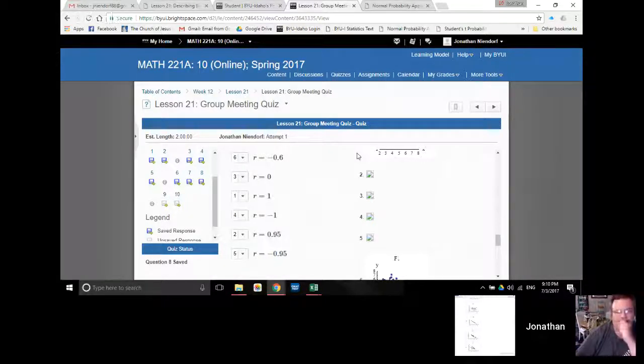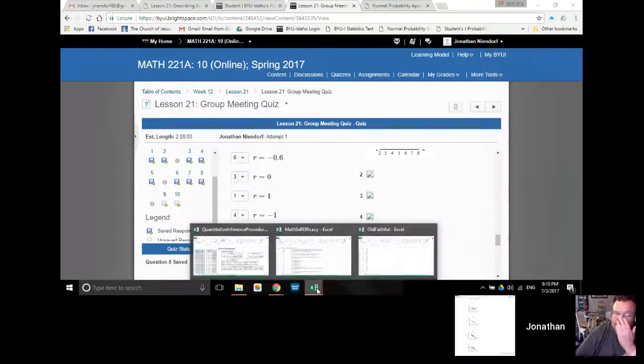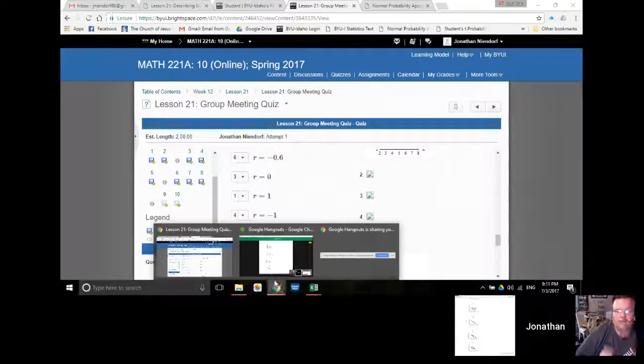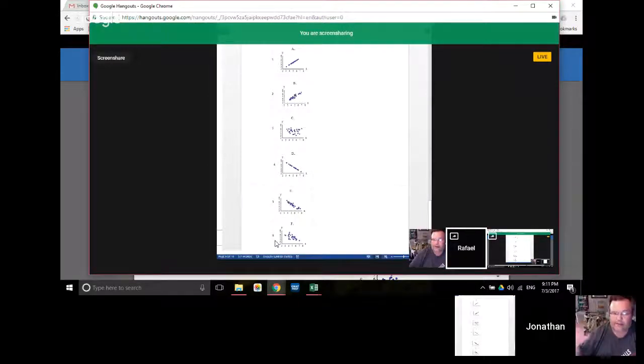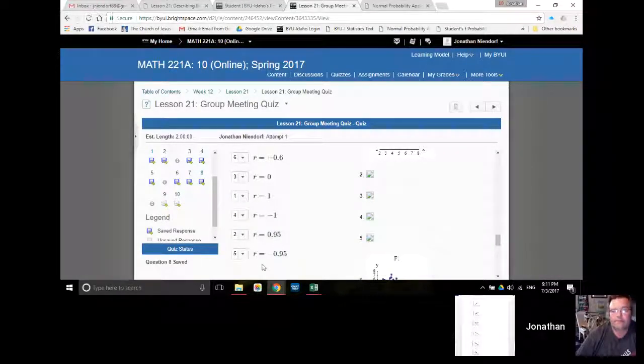Jason, what order do you have for R? Is yours like mine, or like Rafa's? Mine's actually kind of a little bit switched. Where we put in the information, I have R equals 0 as the first one, and then it goes to R equals negative 0.6 as the last answer. What is the first one?